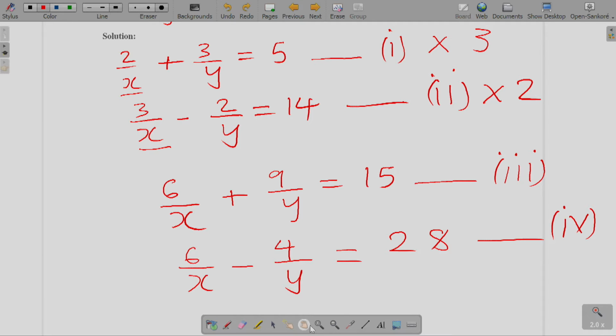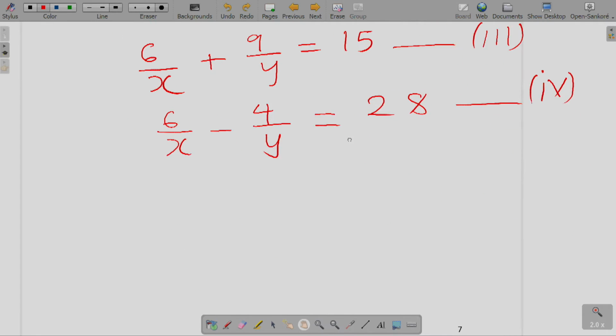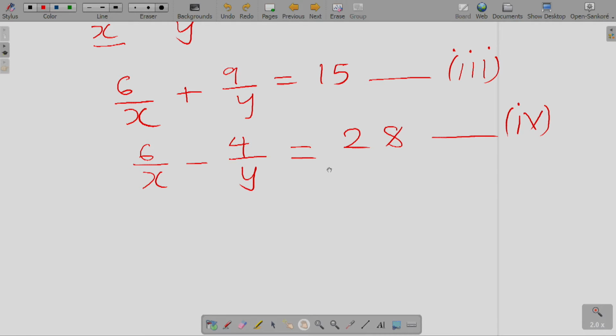So we need to eliminate x. So in order to eliminate the variable x, we need to subtract these two equations.